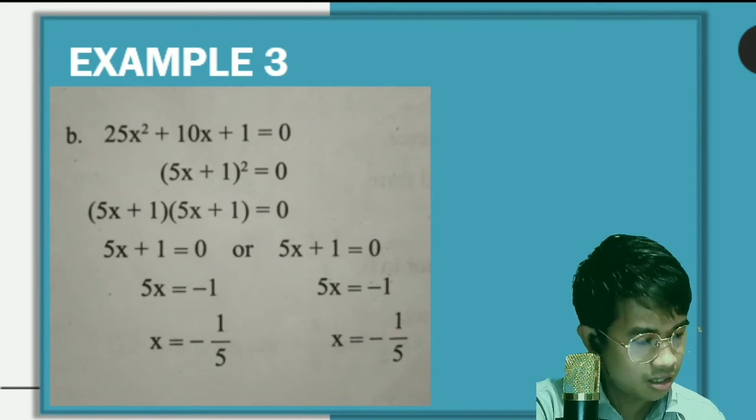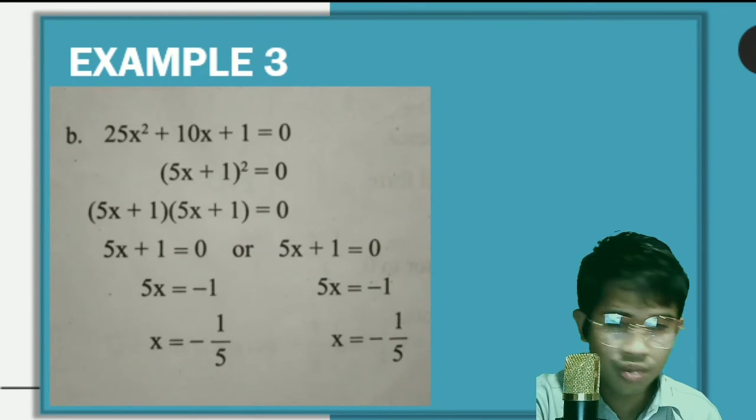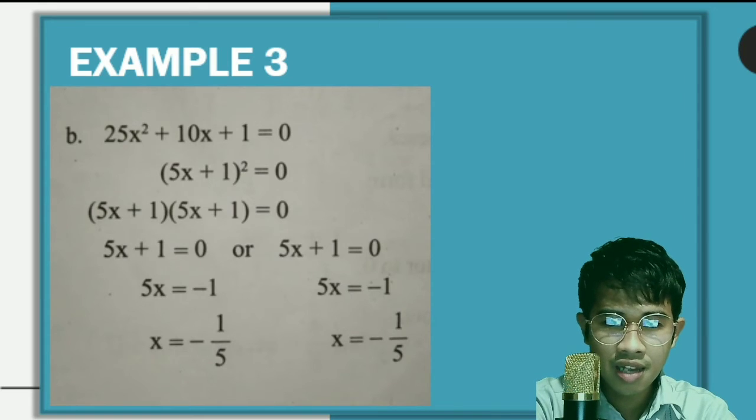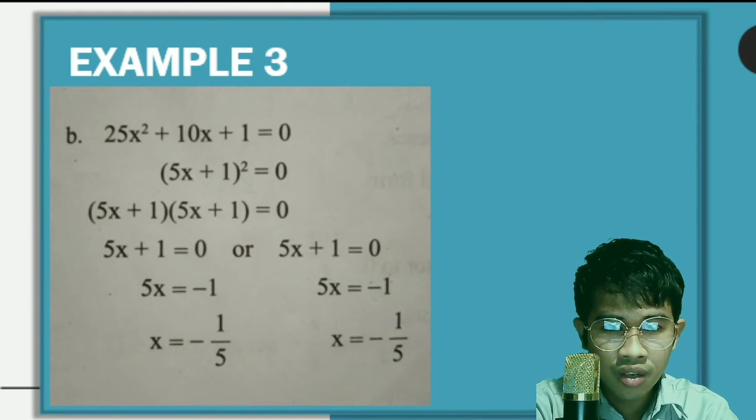Letter B. So sa aton letter B, we have 25x squared plus 10x plus 1 equal to 0. Ara sa standard form ang aton nga equation letter B. So i-factor ta siya. The trinomial 25x squared plus 10x plus 1 factors as (5x plus 1) squared.